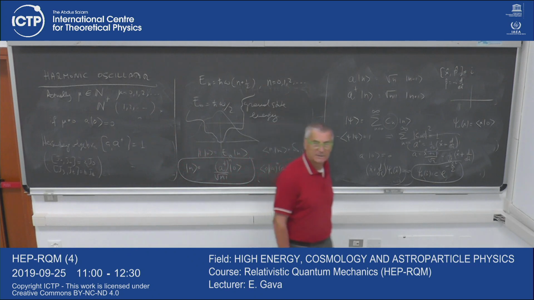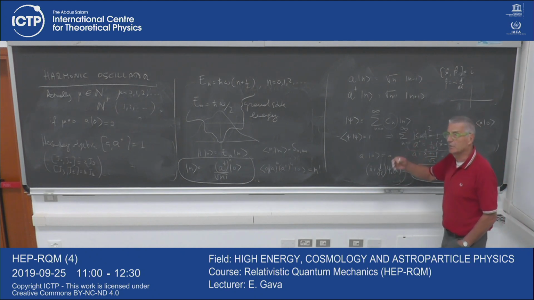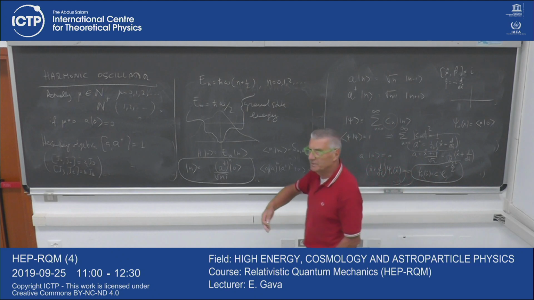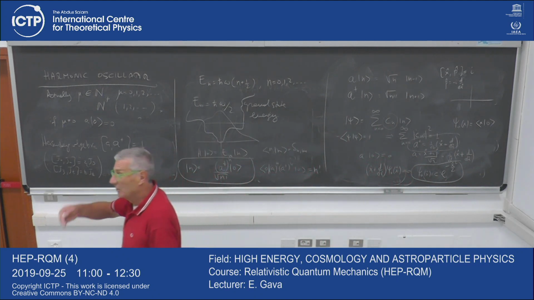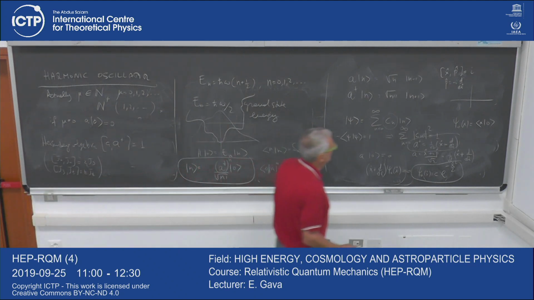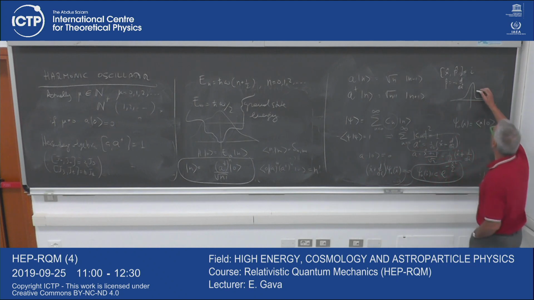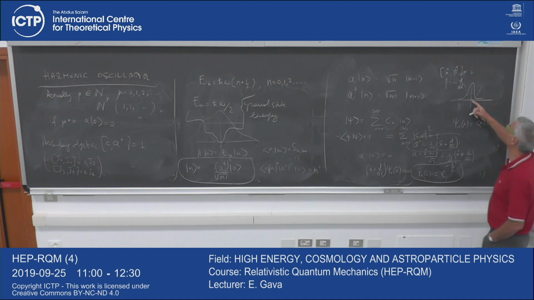In this way you get the Hermite polynomials, because a dagger squared gives a second degree polynomial, and so on. The ground state is very simple, just the Gaussian. It is concentrated around the origin of the potential, but there is some spread, and this is the reason for the zero point energy.